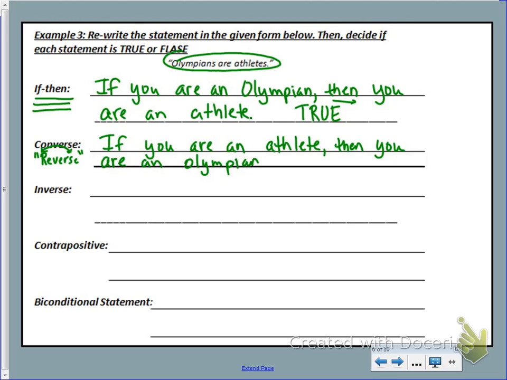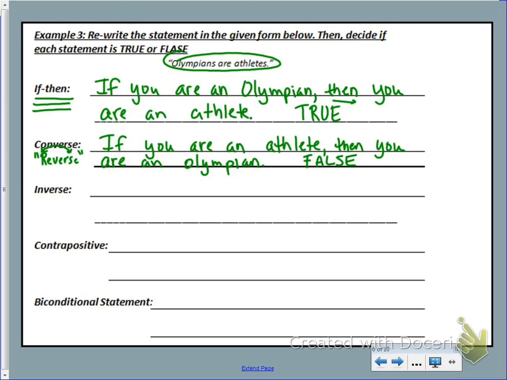Well, if we decide if this is true or false, we can think about it this way. Are all athletes going to go to the Olympics? No, that's not true, because some athletes are very good, but they may not be good enough to be at the Olympics. So this would be a false statement when we look at the converse.